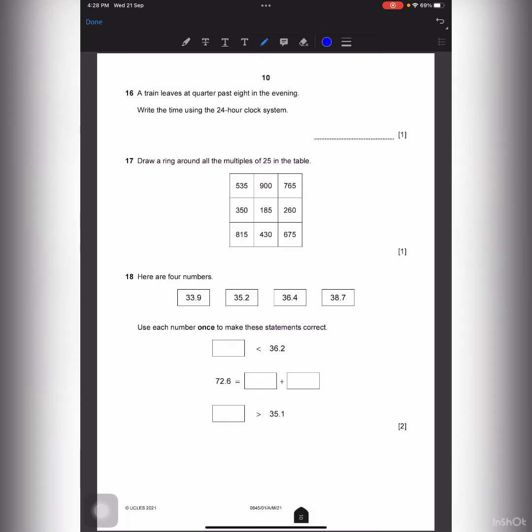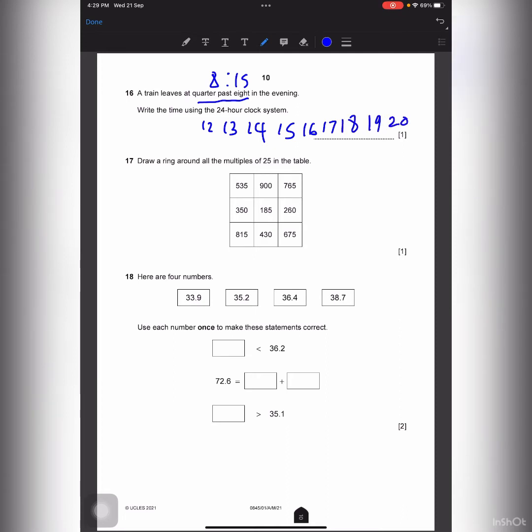So for this question, as we all know, we're going to start from 12, and then we're going to carry on to 13, 14, 15, 16, 17, 18, 19, 20.